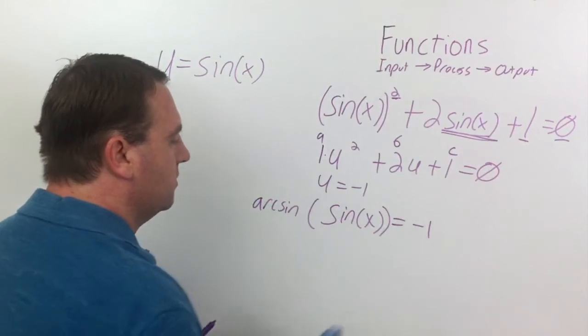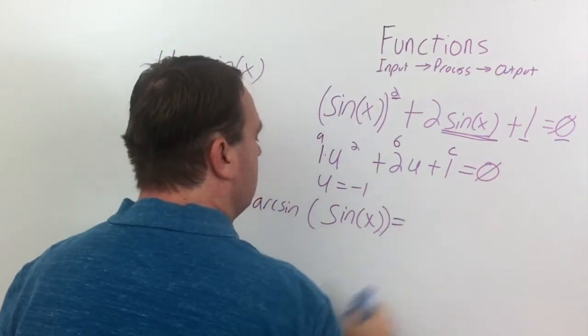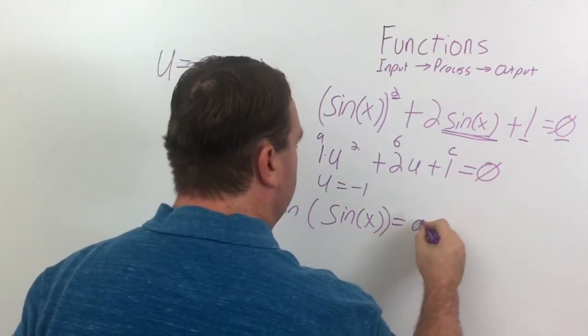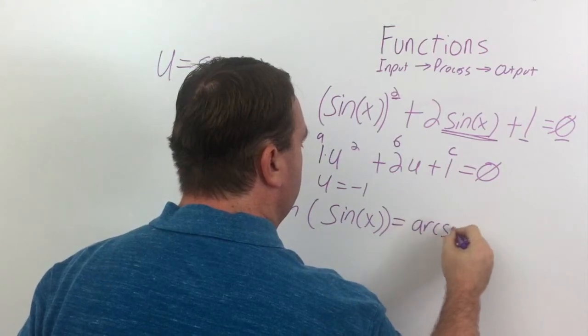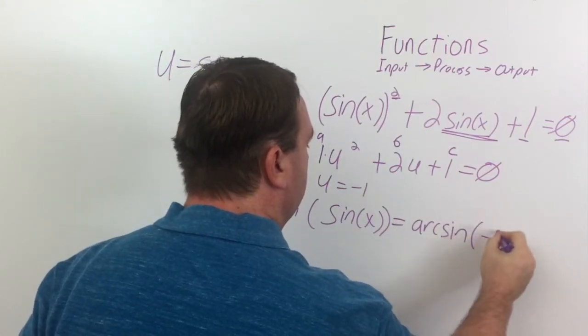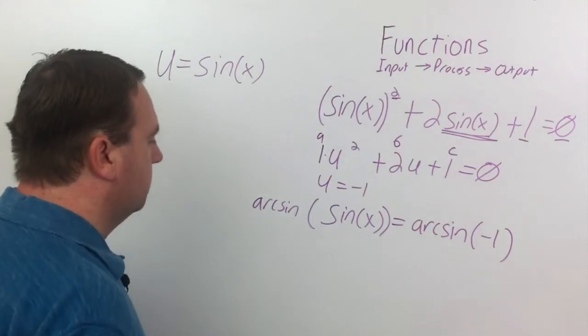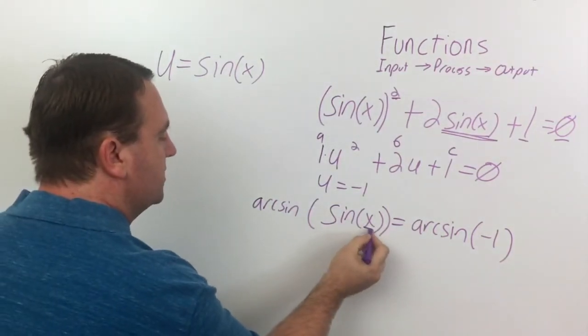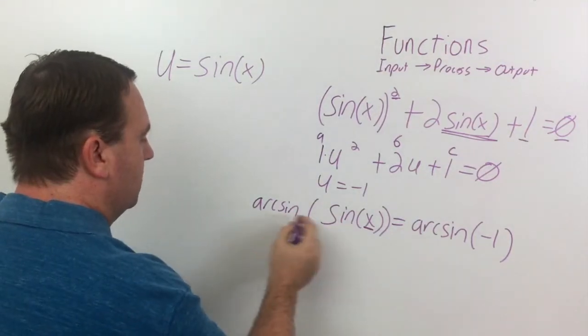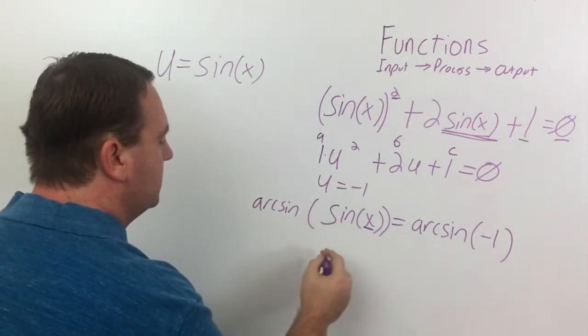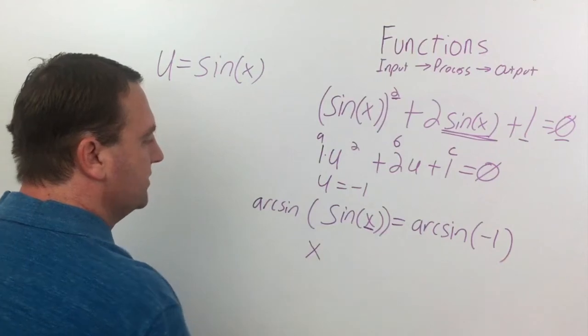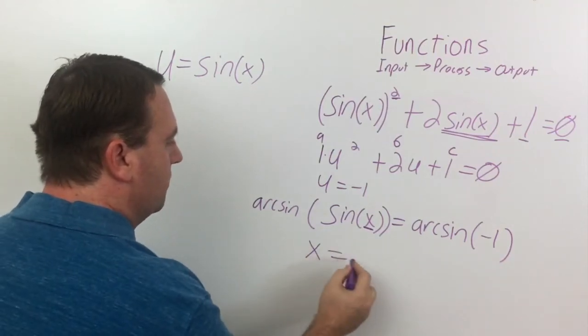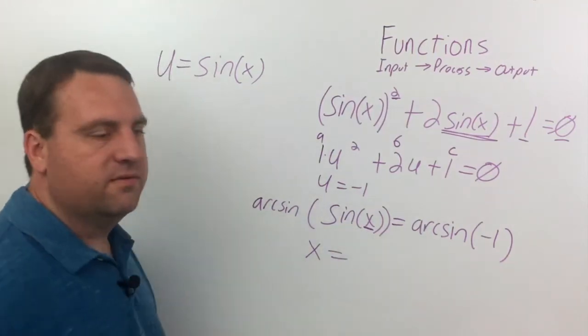So don't forget to do it to both sides. So arcsine of the sine of x: arcsine undoes the sine. So this will come back as x equal to, and you can use your calculator for this, arcsine of negative 1.